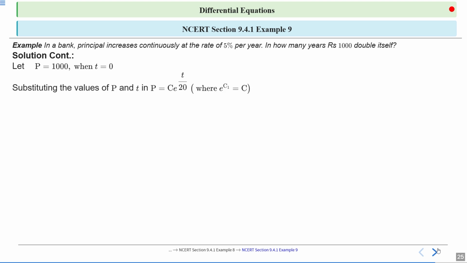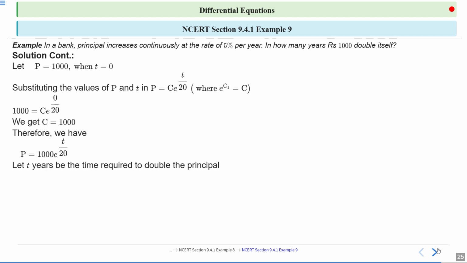Substituting the values of P and t in the general solution P = c × e^(t/20), we have 1000 = c × e^(0/20), as time is 0. So we get c = 1000. Therefore we have P = 1000 × e^(t/20). Let t years be the time required to double the principal.